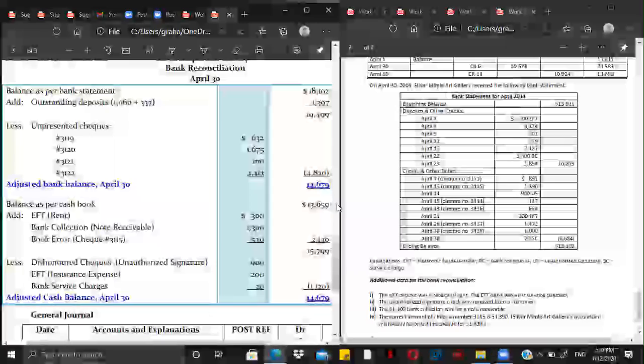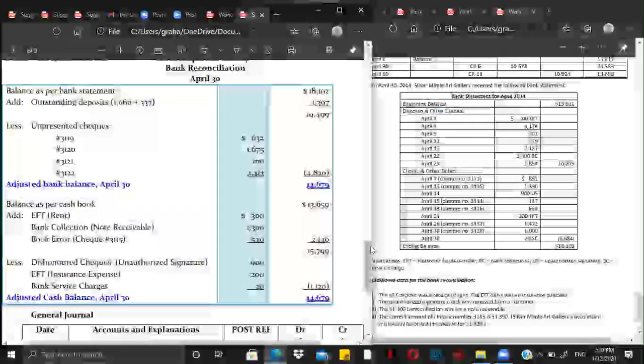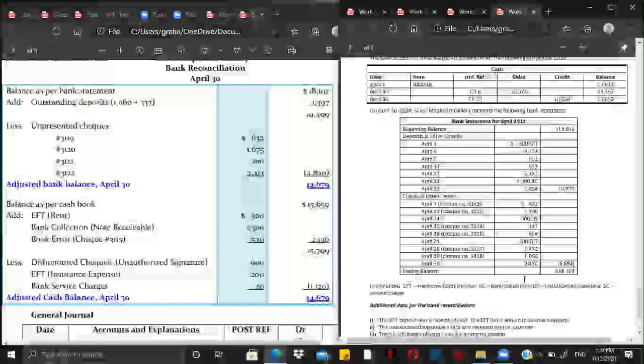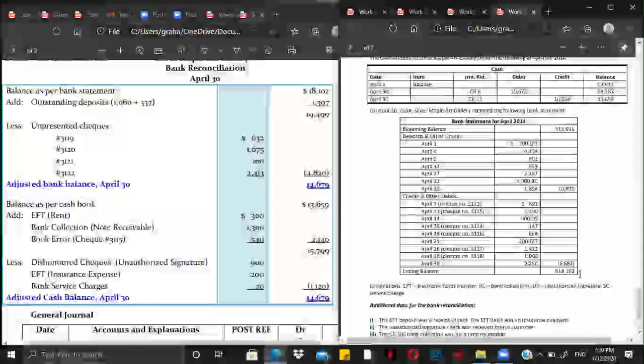The $1,300 bank collection was for a note receivable. BC means bank collection. So we're going to have to search for it. And it's up here, the $1,300 BC under the deposits on the bank statement.